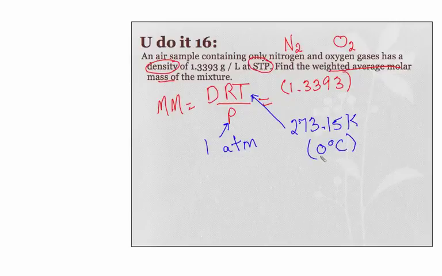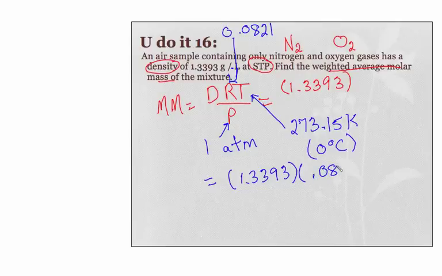That's 0 degrees Celsius. Drudges way back into pre-AP there. And that tells us that our R value has to be 0.0821. And if I plug all those values in, I'm going to redo it down here so we can see it a little bit better.